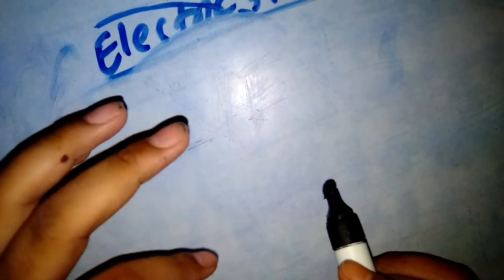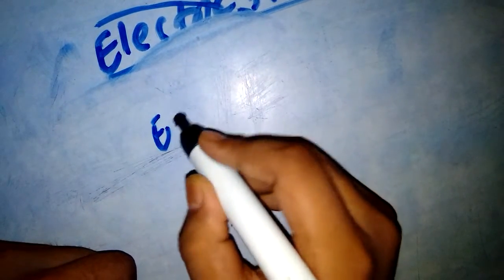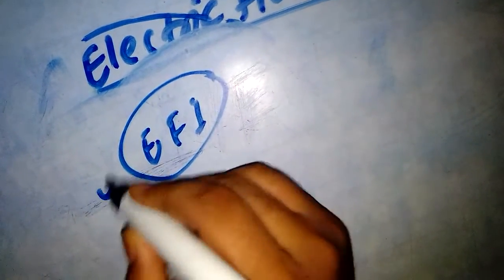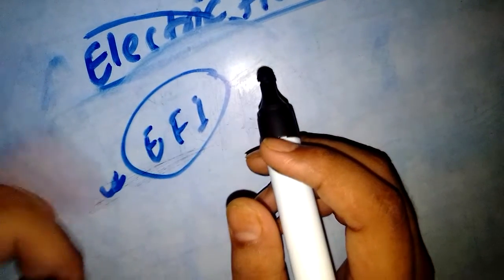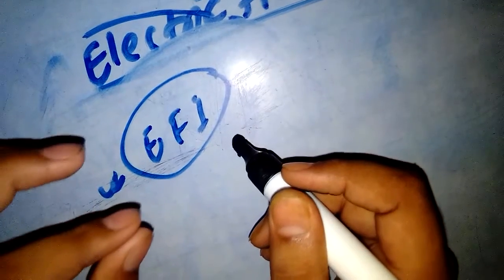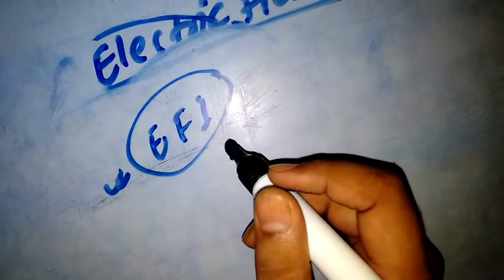Electric field is measured in terms of electric field intensity. Now what is this term? Electric field intensity. See how we define these words; we should take care of them. We measure electric field in terms of electric field intensity.